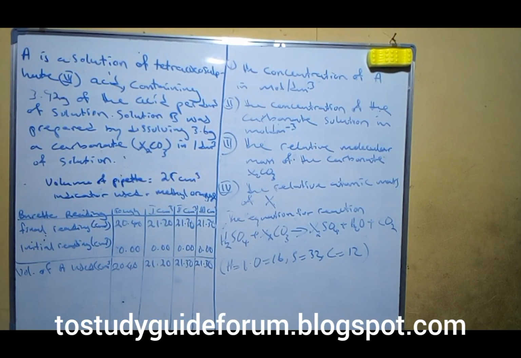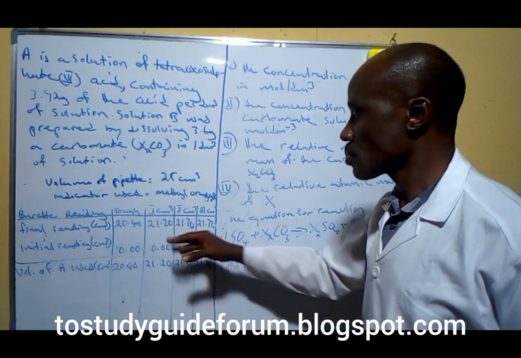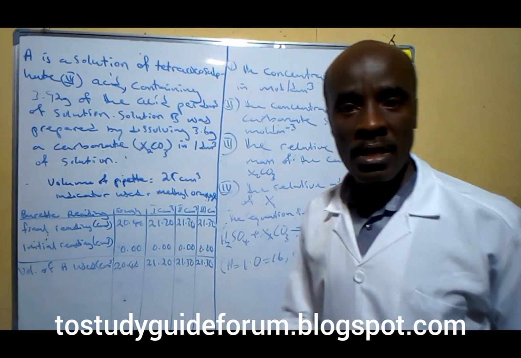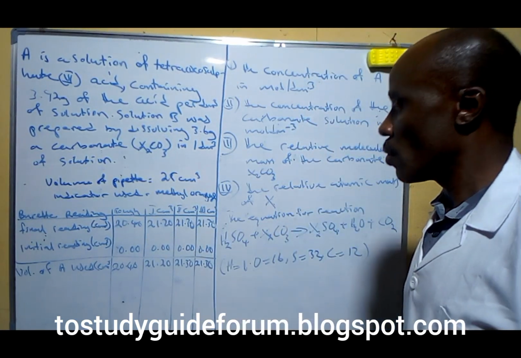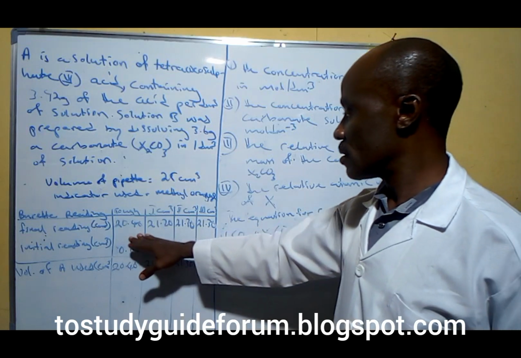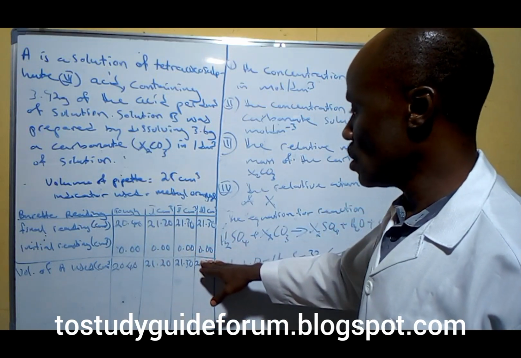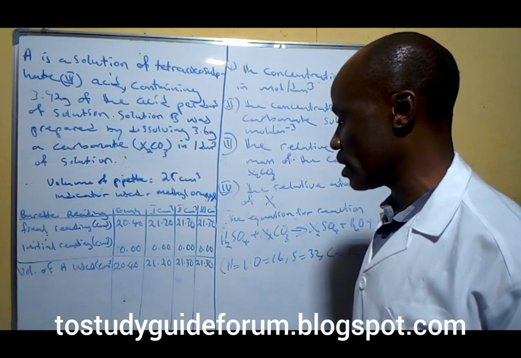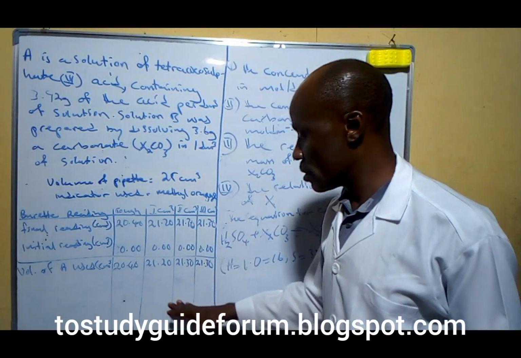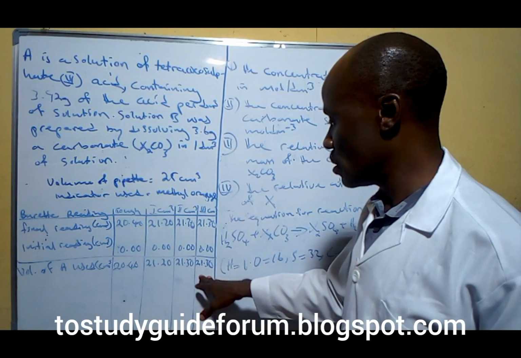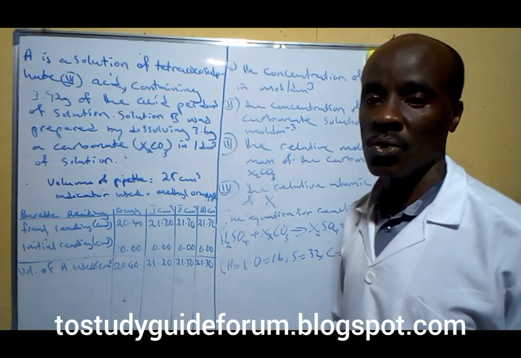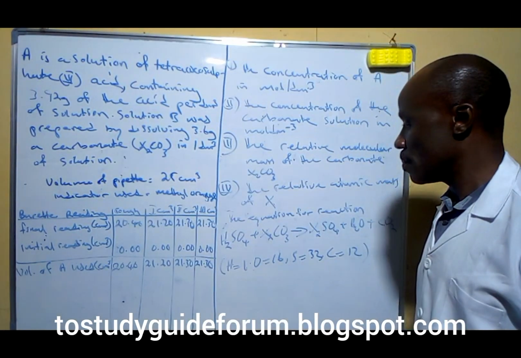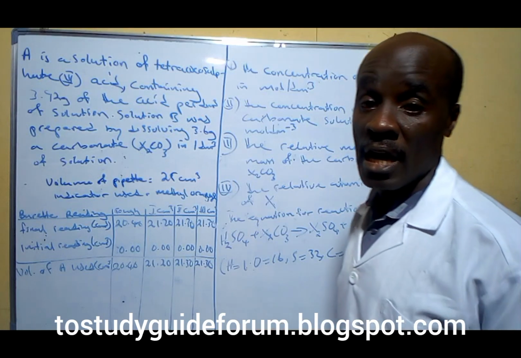Now this is our burette reading, the outcome of the titration itself. If you look at the readings, you find out that the last two seem to be the same. So instead of taking all, we can decide to choose the ones that are closely related, that means they are consistent.